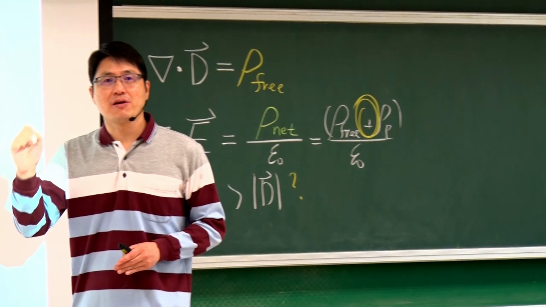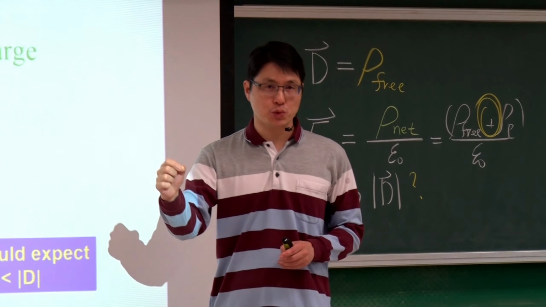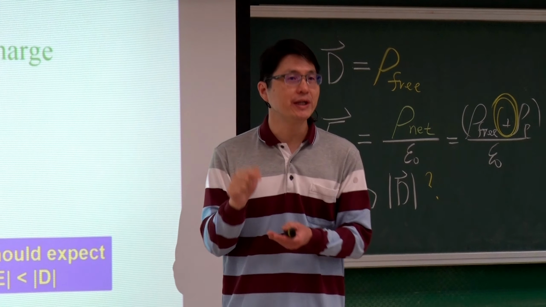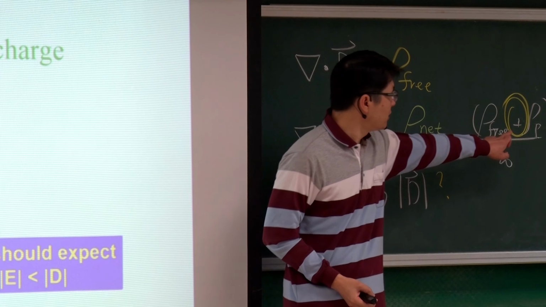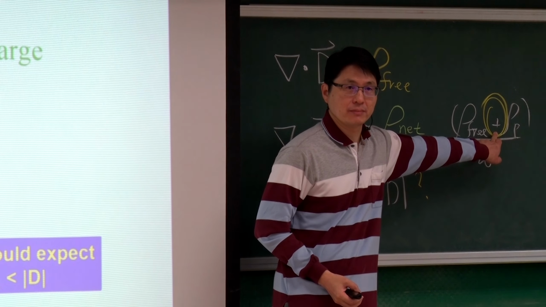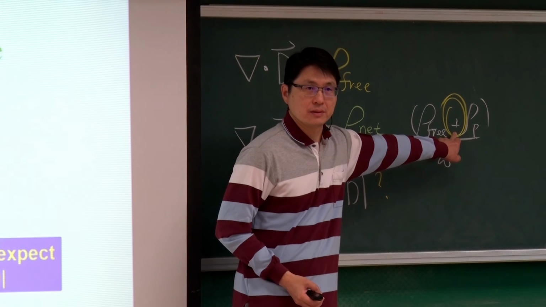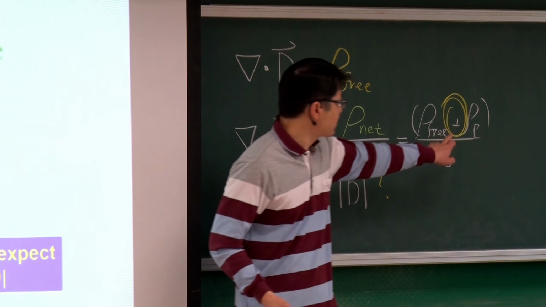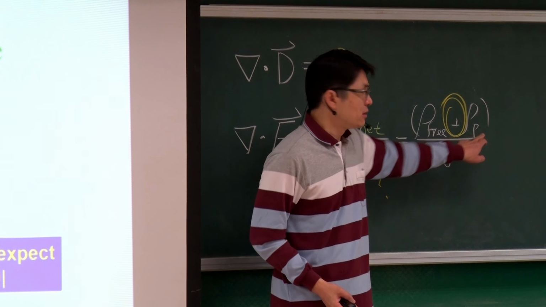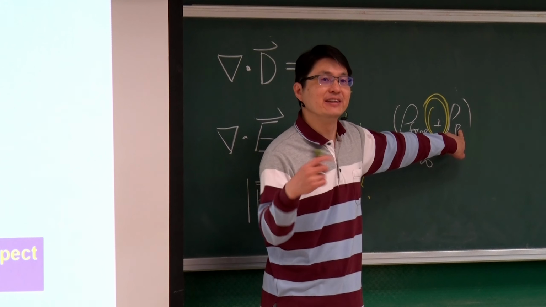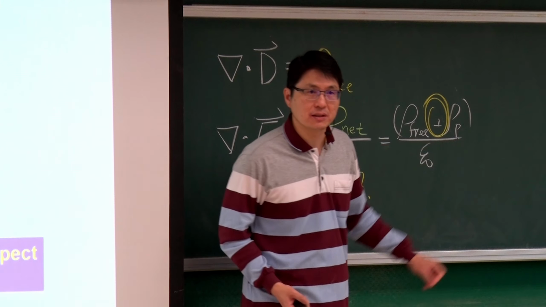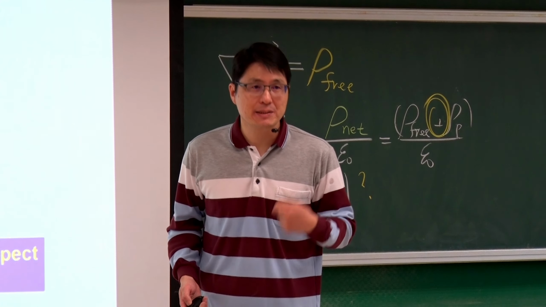Induced dipoles are there to make the field strength inside the material weaker. So do not be fooled by this plus sign. Okay? Because if you have positive free charge, you are adding a negative charge density, effectively making E smaller, weaker.